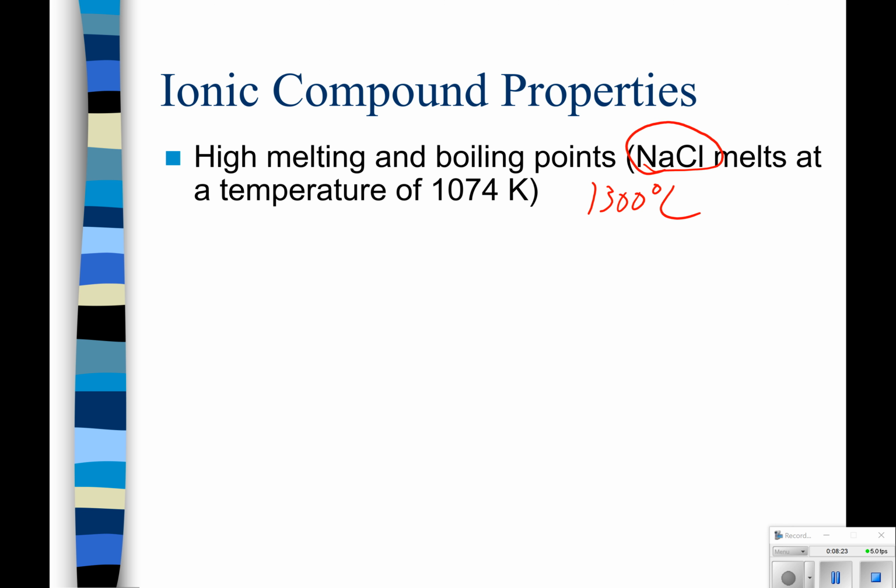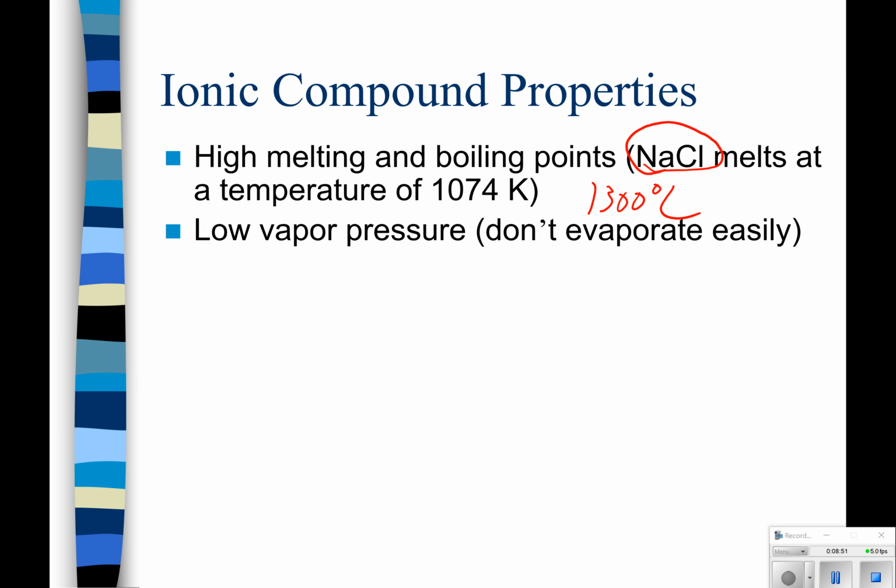That's not really something you can obtain with your stove or oven in your home. It's one of the reasons salt is used in the kitchen for various things, especially cleaning as an abrasive, because it doesn't melt. It stays in solid form at high temperatures, which has certain advantages in certain situations.